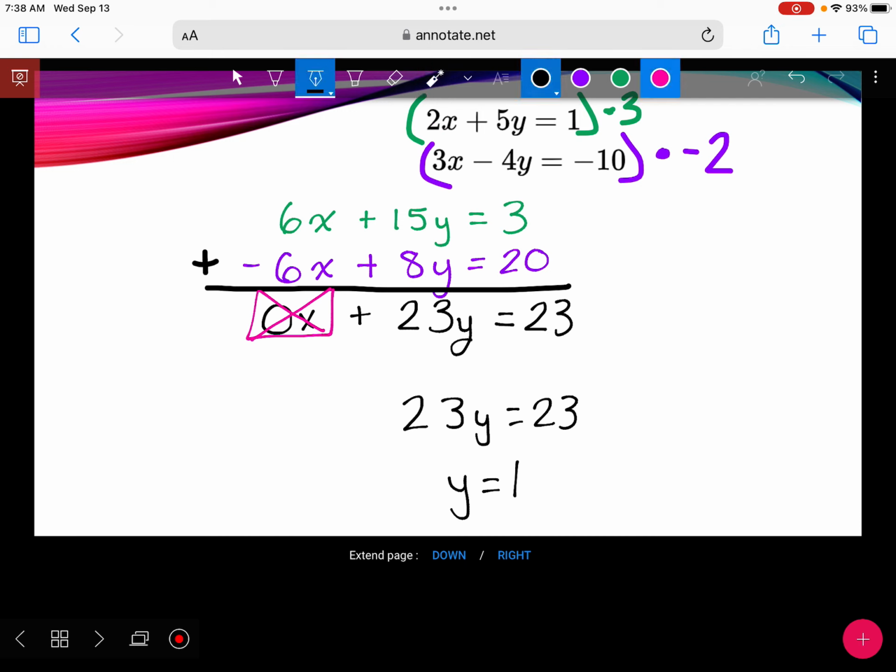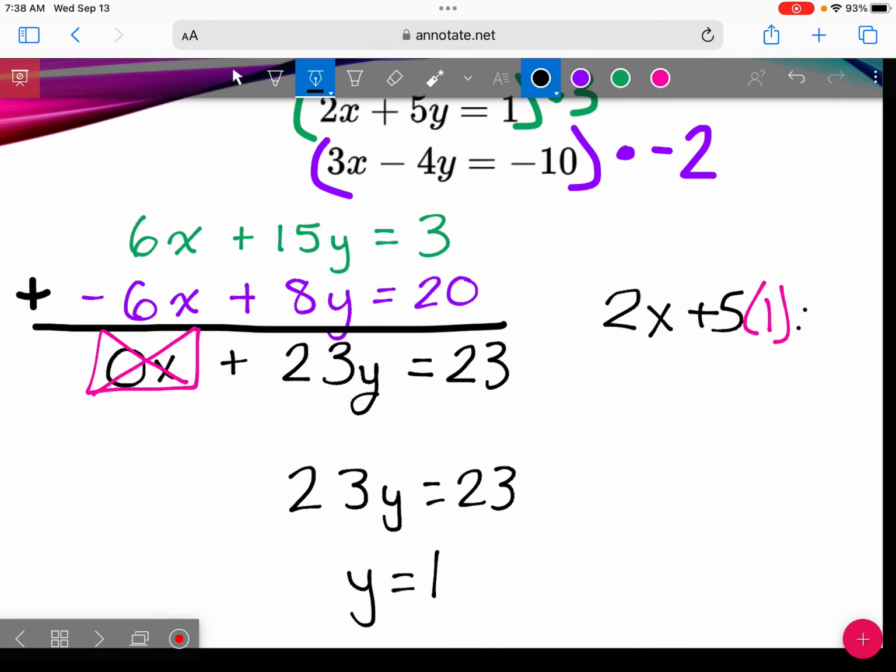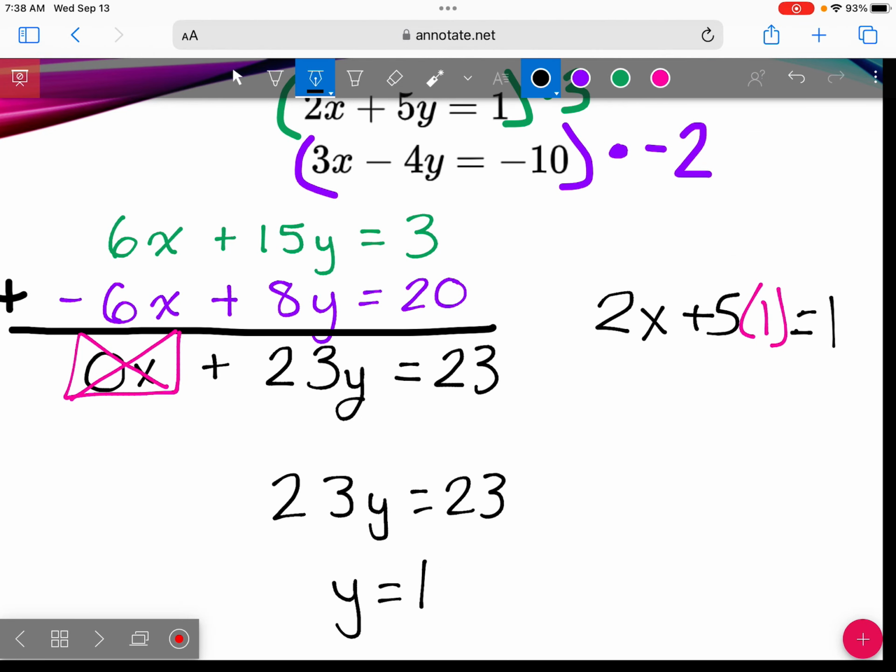So we're going to take our 2x plus 5 times our y of 1 equals 1. Oh, my pen's being a jerk. So 2x plus 5 equals 1. What do we do to get x by itself?